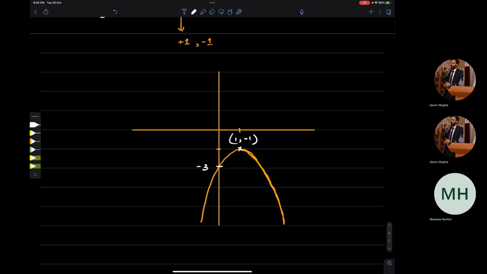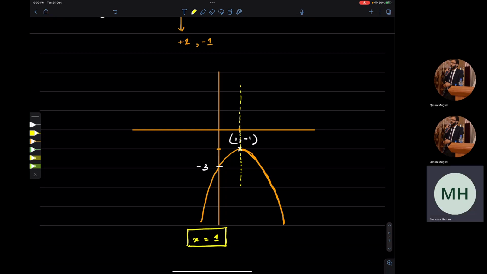Now the line of symmetry is also over here. So the equation for this one is going to be x equals 1. That's it. This is all you were supposed to do in this one. Got it, sir. All right, great.